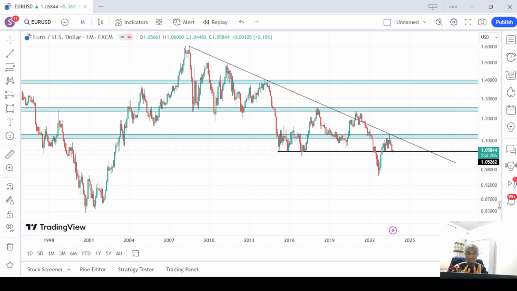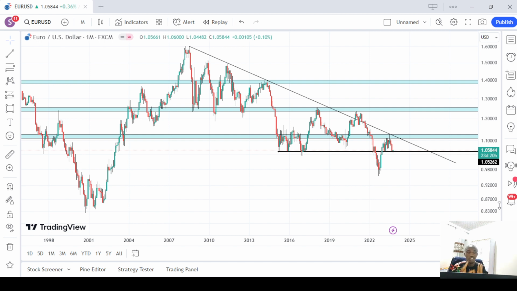all the objects you have seen here, the zones, were drawn in our previous video. So if you have not watched that video, you can go back and watch it, where I gave a clue on how to draw supply and demand, or support and resistance zones, and the major trend lines.